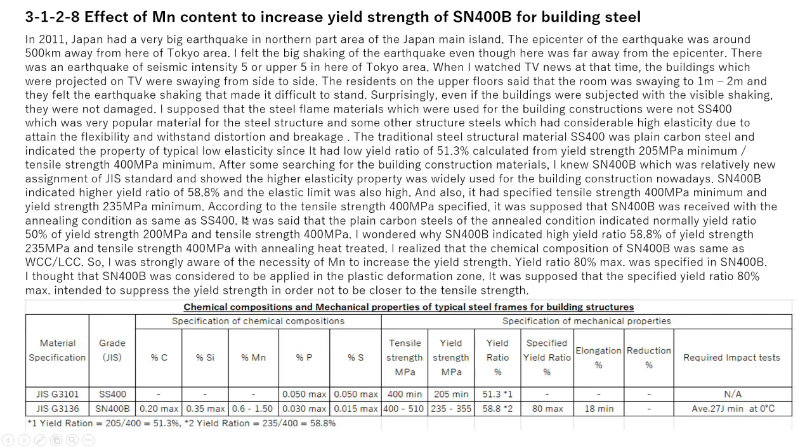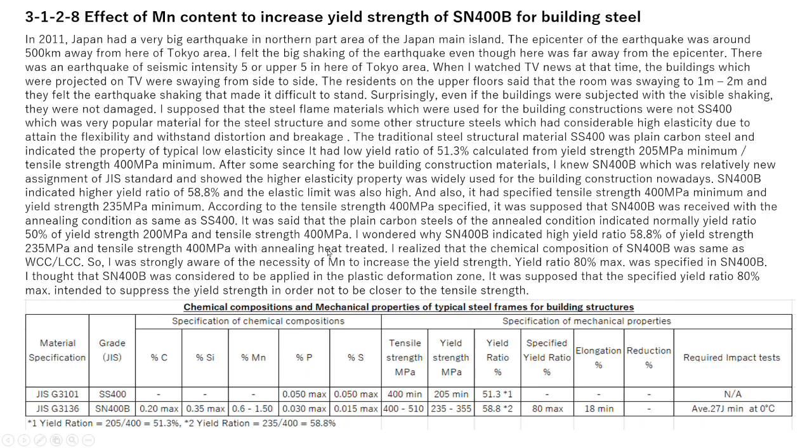According to the tensile strength 400 megapascal specified, it was supposed that SN400B was received in the annealed condition, same as SS400. It was said that plain carbon steels in the annealed condition normally indicated a yield ratio of 50%, with yield strength 200 megapascal and tensile strength 400 megapascal.